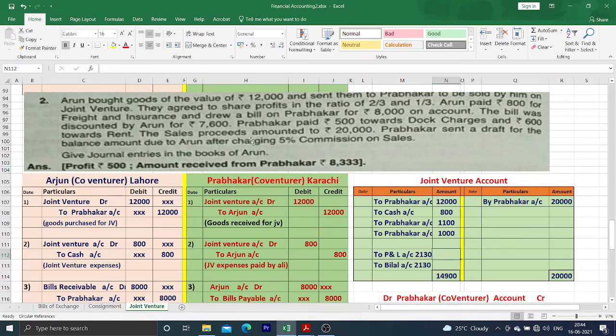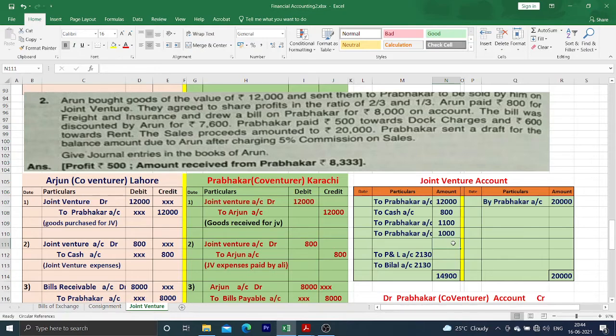The sale proceeds amounted to 20,000. Prabhakar sent a draft for the balance amount due to Arjun after charging 5% commission on sales, 1,000.